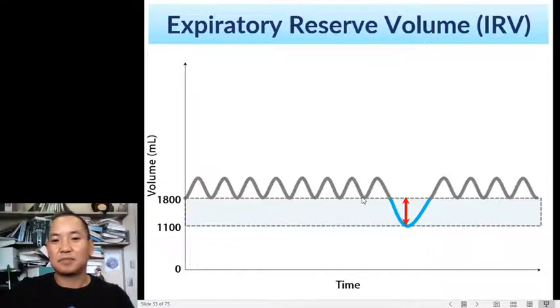So what do you notice compared to inspiratory reserve volume? Instead of measuring from peak to peak, notice that it's valley to valley. Why? Again, it's how much more you can breathe out. This is using your accessory respiratory muscles to push out more air than normal.